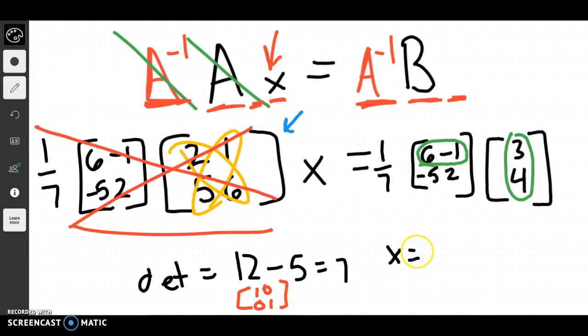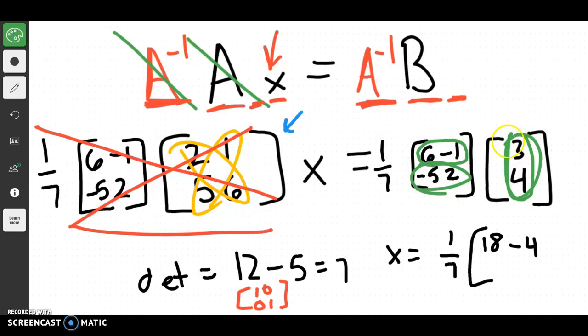So again, if you remember how to multiply matrices, you go row by column. So we know that X will equal, so I'm going to keep my 1/7 in front. That would be 18 minus 4. And then we'll multiply the next row by this column, and we will get -15 plus 2.